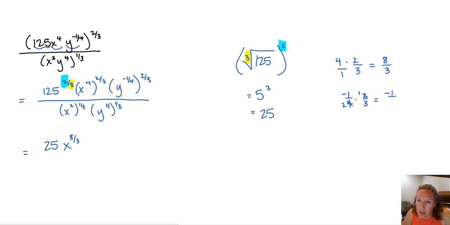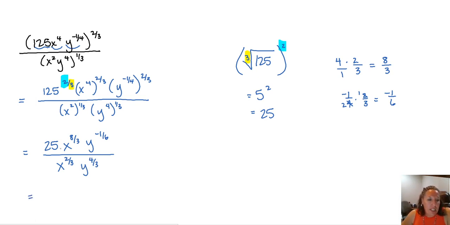And that's going to simplify to negative 1/6. So we get y to the negative 1/6 power. In the denominator, x squared to the 1/3 is going to be x to the 2/3. And y to the 4th to the 1/3 is going to be y to the 4/3.